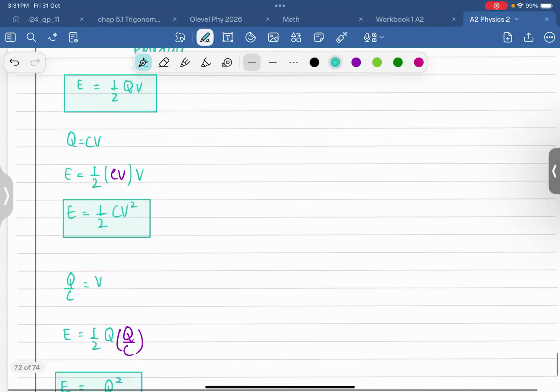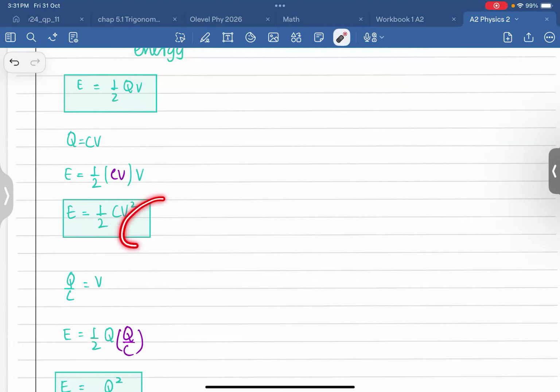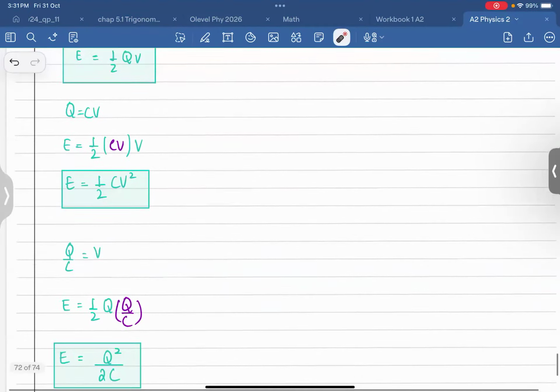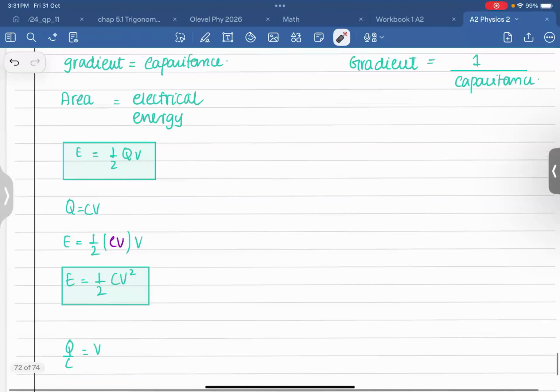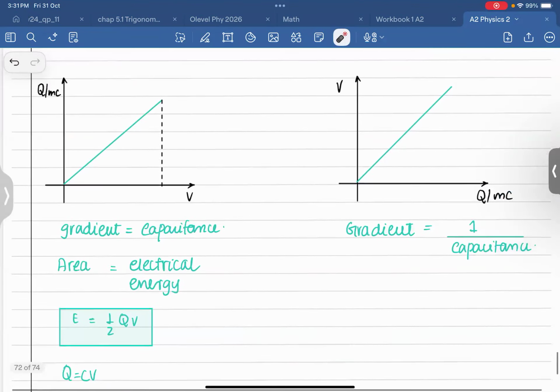Mainly in calculations, most of the time we use this formula for the energy, but every formula can be used according to the given things in the question.